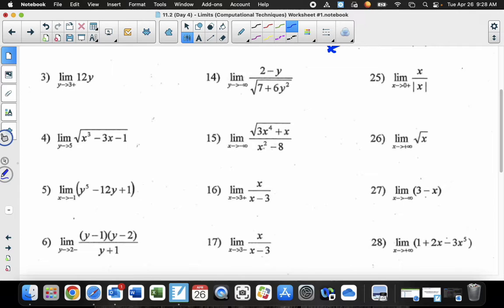If we take a look at problem 14, again, let's eliminate the stuff that we don't need. I don't need the 2, and I don't need the 7 down here. We're just going to focus on the highest degree term of numerator and denominator. Now, let's come up with the sign. If you substituted negative infinity into the numerator, what sign would your answer be for the numerator?